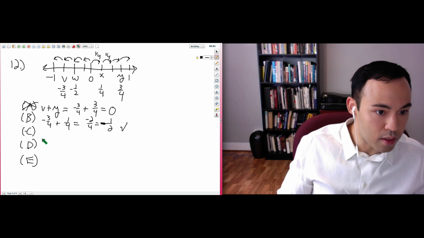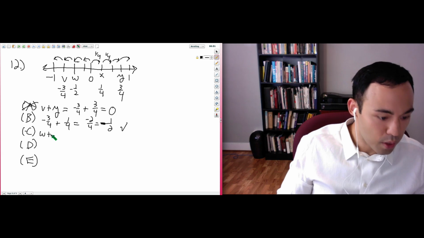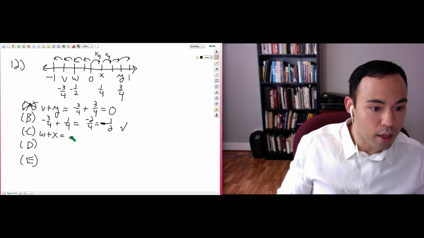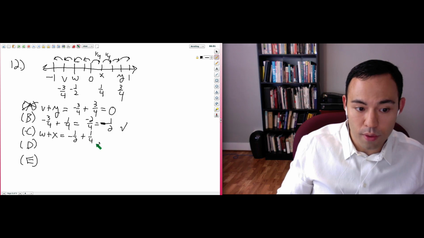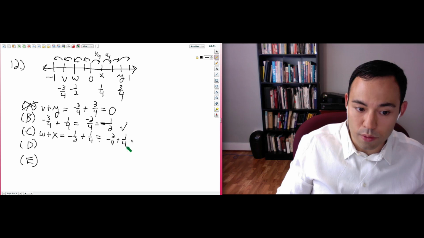Let's look at C. W plus X, and that's -1/2 plus 1/4, and if you can make the bases alike by multiplying the numerator and denominator by 2, so -2/4 plus 1/4 is equal to -1/4.